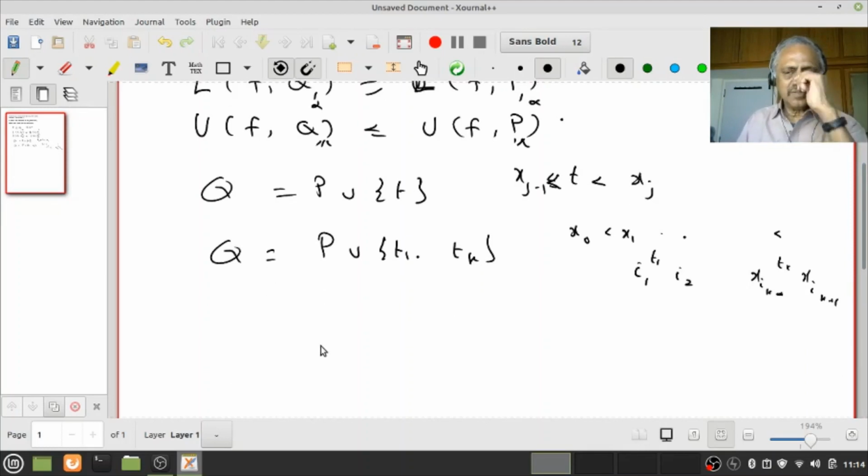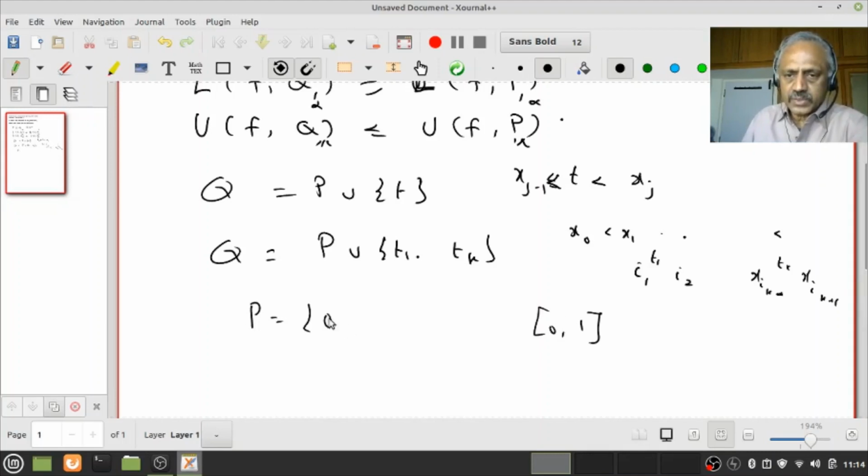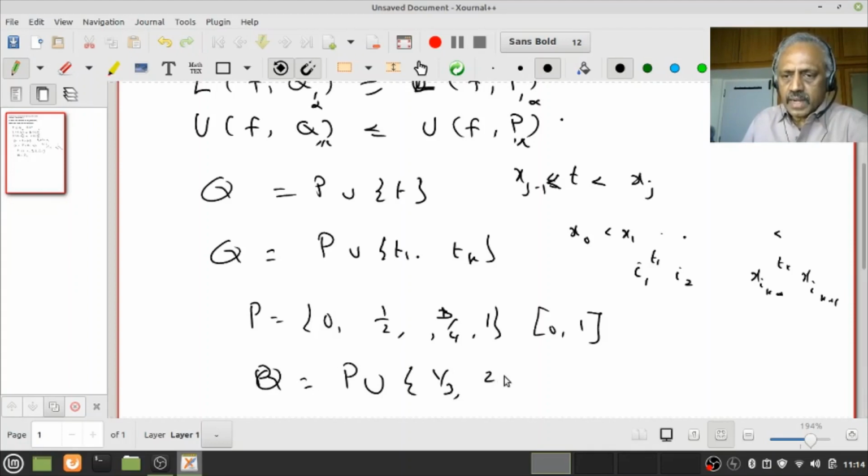For example, suppose my P was a partition of the unit interval, let us say 0, 1/2, 3/4 and 1. Now Q is P union {1/3, 2/3}. What is the partition?